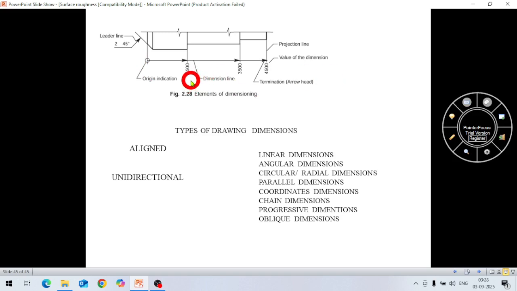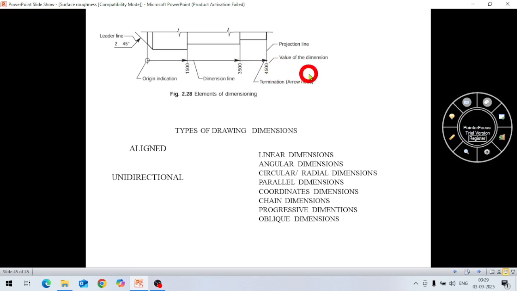1500, it is given here. This is dimension text. The dimension may be either in millimeters or inches, whatever it is. So here it is given 1500 mm, then 3500 mm, then this size is given here.